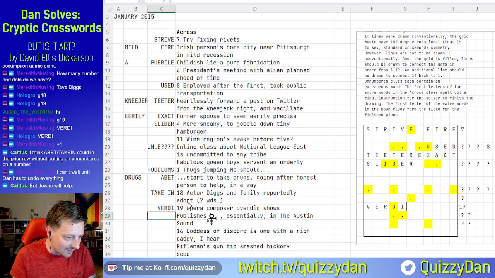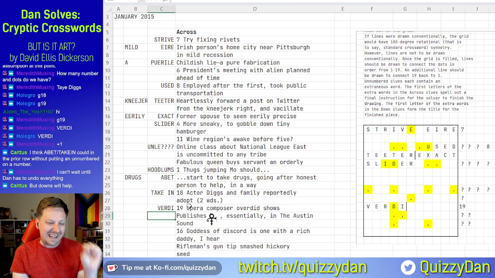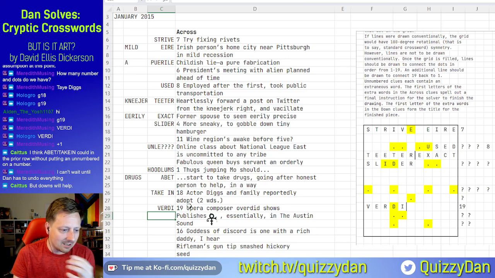Is it a hidden... So I think publish is going to be extra, and it's just going to be that, essentially, in the Austin sound. I think it's going to be like a word meaning a symbol or an icon. That's where I think it's going. I don't know the answer, but that's where I think it's going.